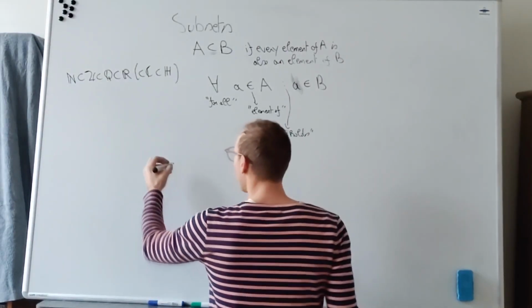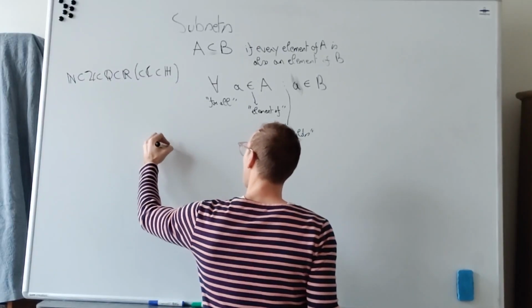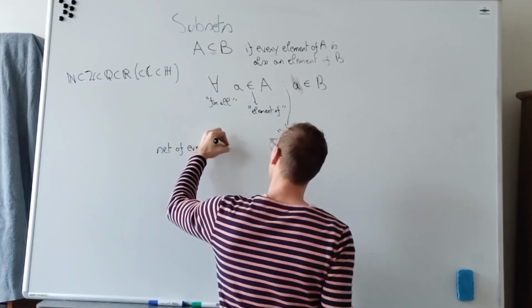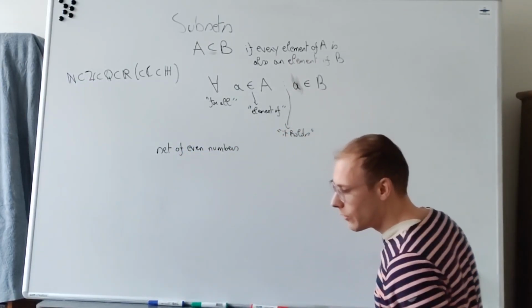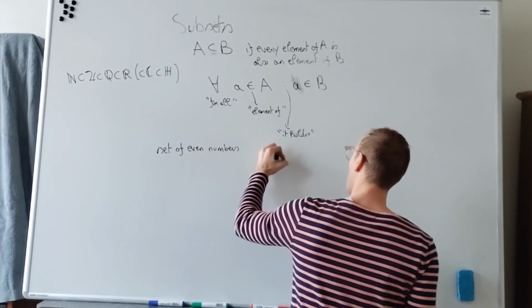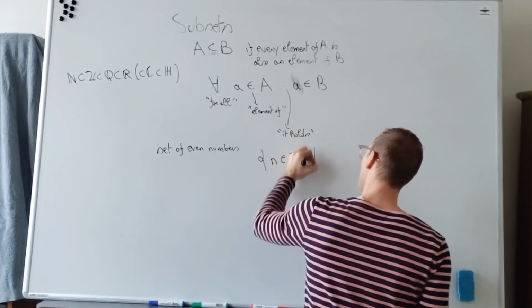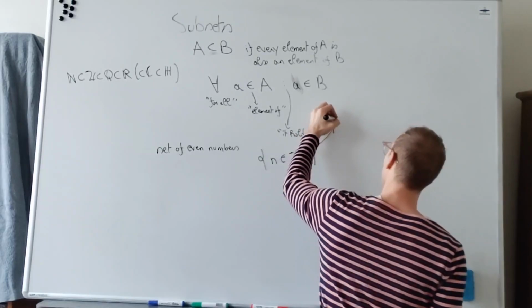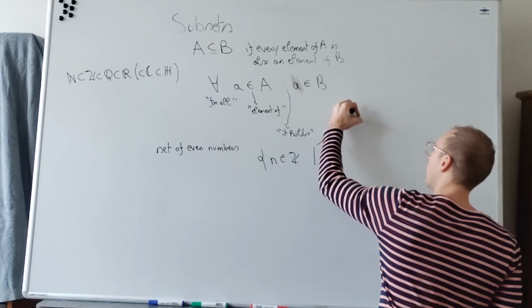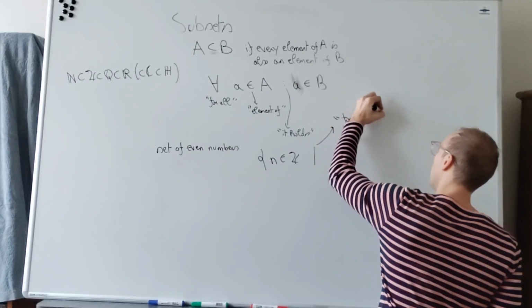If you want to look, for example, at the set of even numbers, well, how can we write this down? Of course, you can say this is every integer n, and I use a new symbol here. This is this vertical line, and this reads for which it holds.